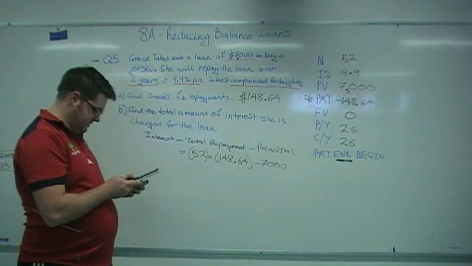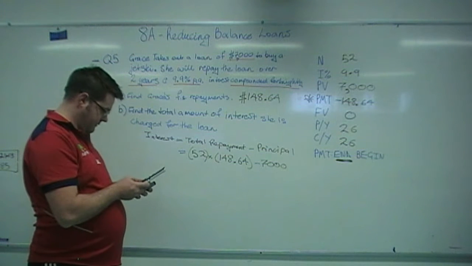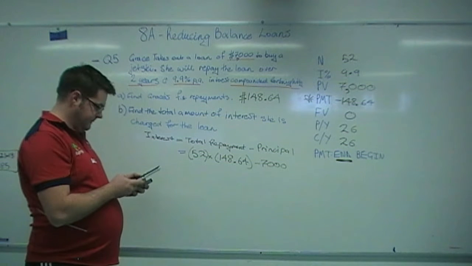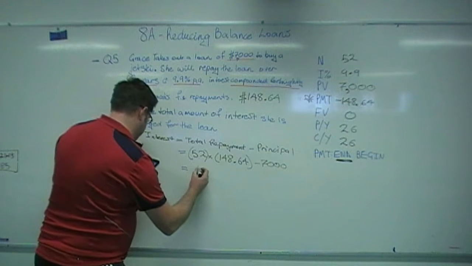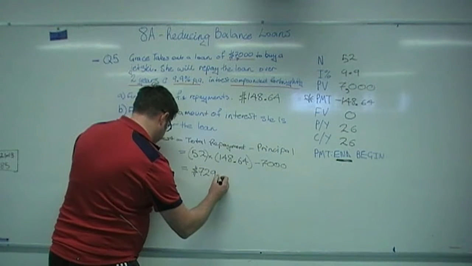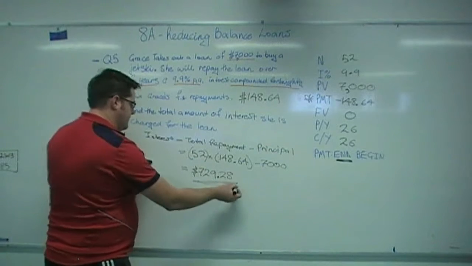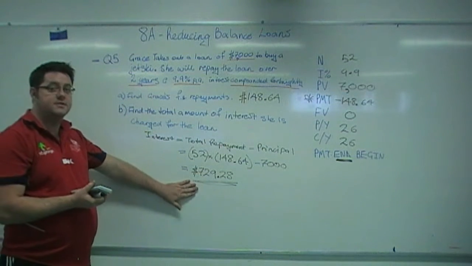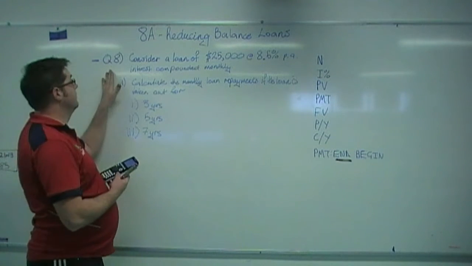Minus $7,000 plus bracket 52 times 148.64, close bracket, enter. Alright, so this will give us $729.28. So there we go. That's the total interest that's been paid, $729.28.